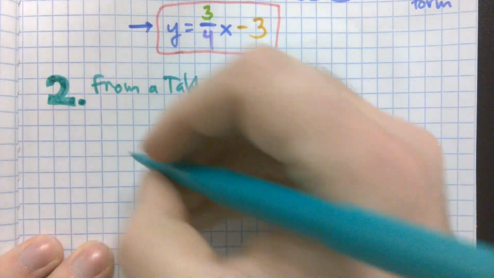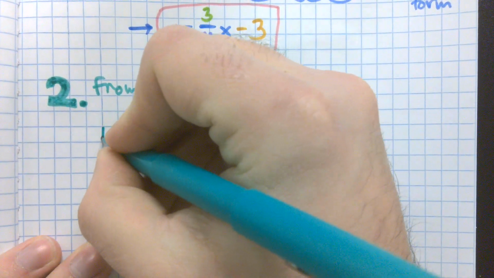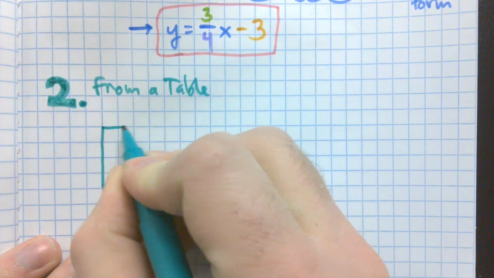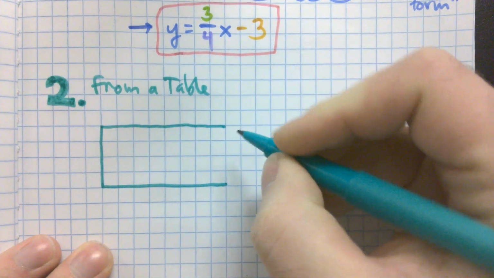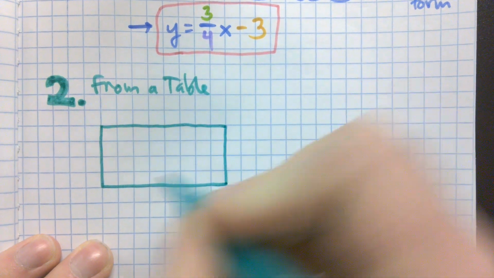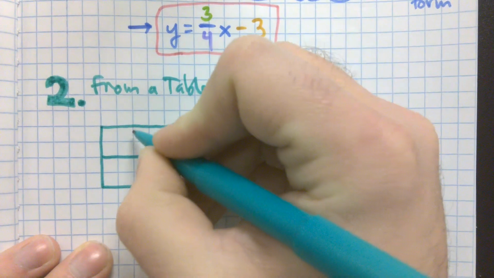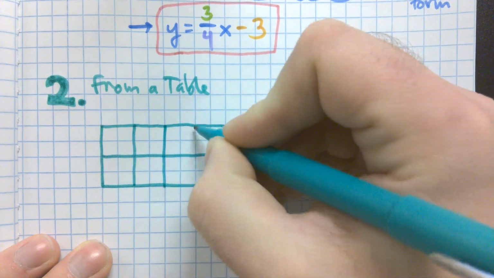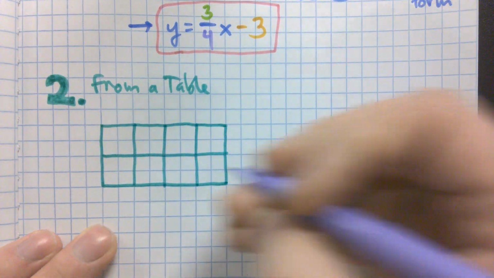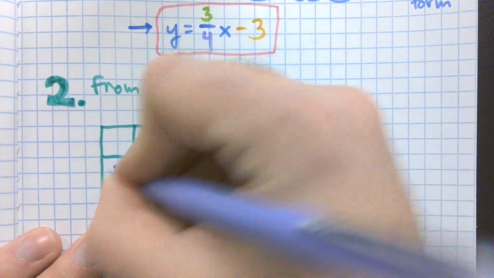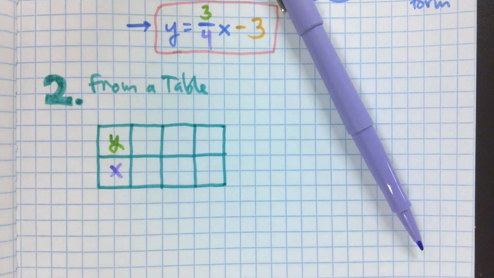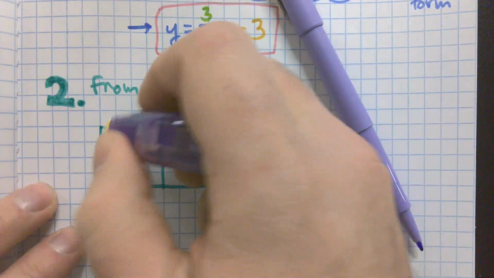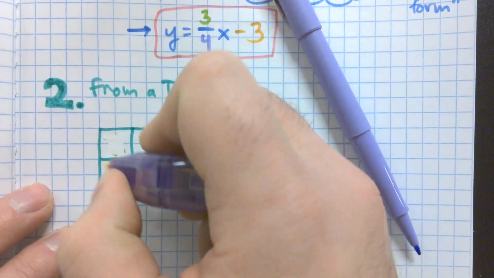All right, so let's write ourselves a little table here. Oops. Don't copy that. I already messed it up. I put the X's and the Y's in the wrong spot.